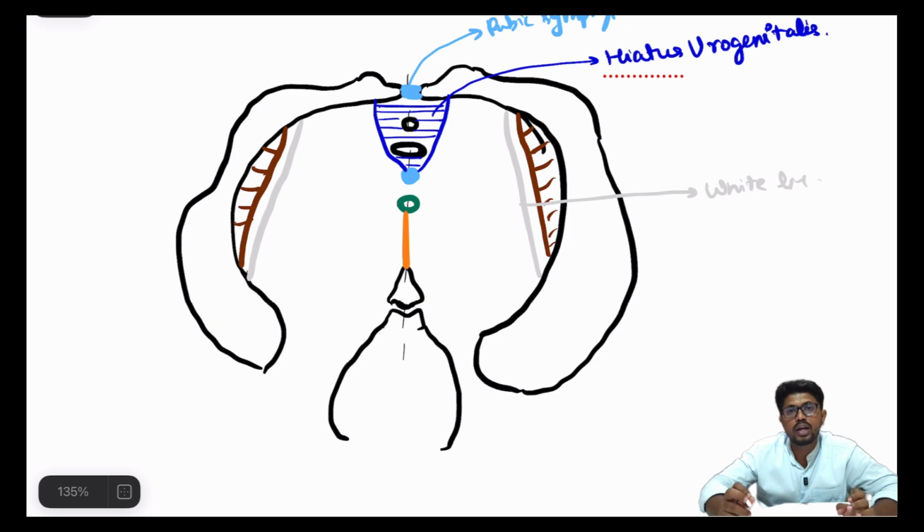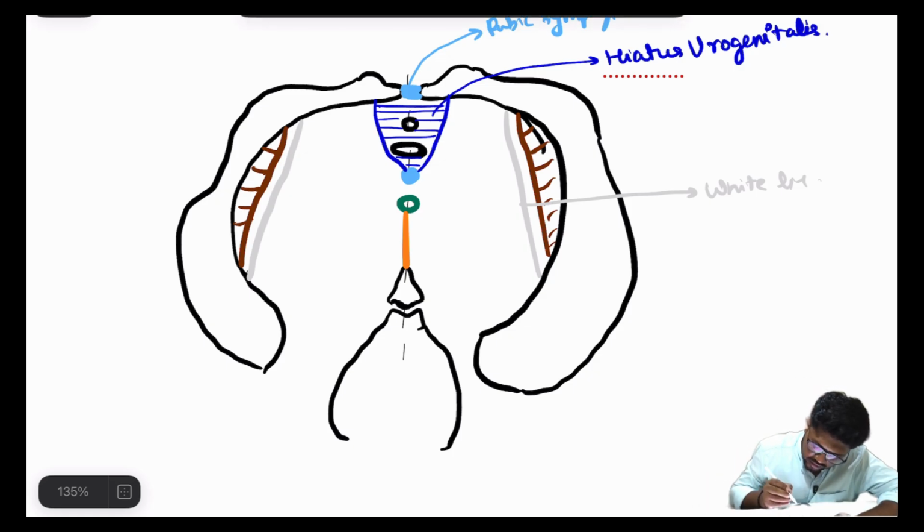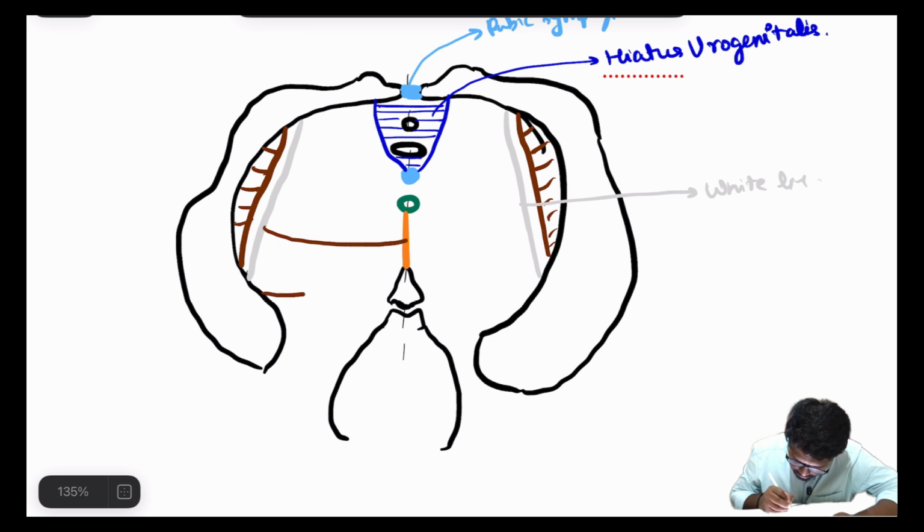Now let's draw the Iliococcygeus muscle. The Iliococcygeus muscle arises from the posterior half of the tendinous arch and the pelvic surface of the ischial spine, and it will come in this way. In the midline, it will come and attach.